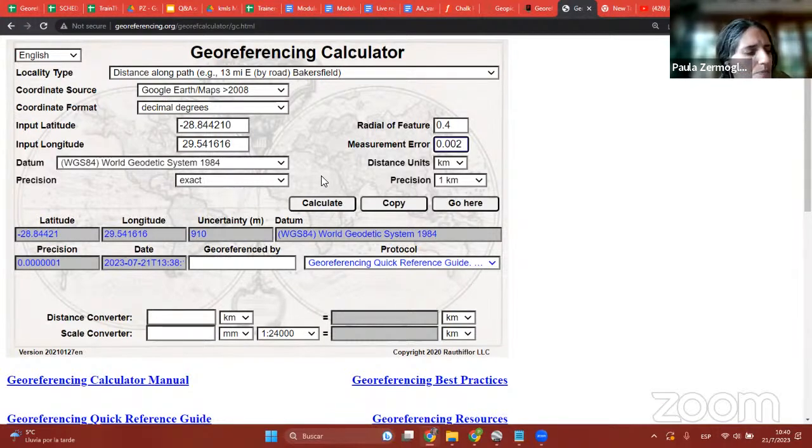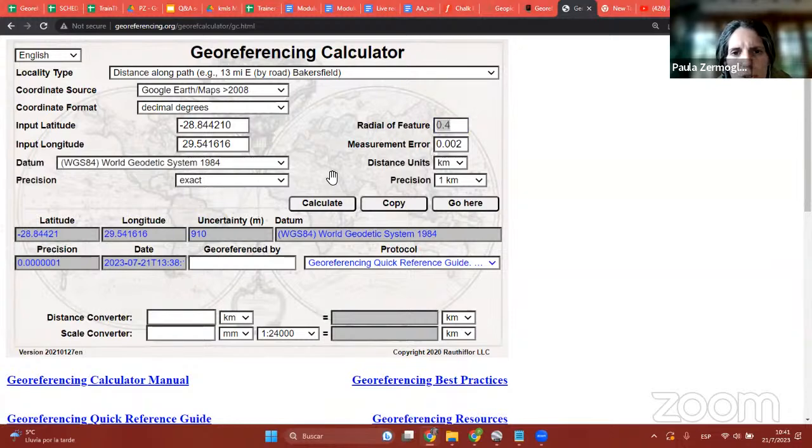Any ideas? Exactly. Ulsheri answered correctly. It is the radial of the overlap feature. Exactly. It is this radial here.